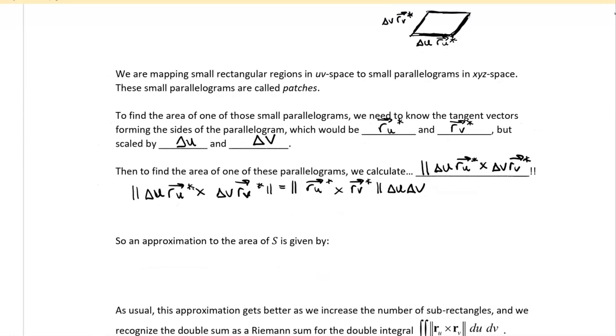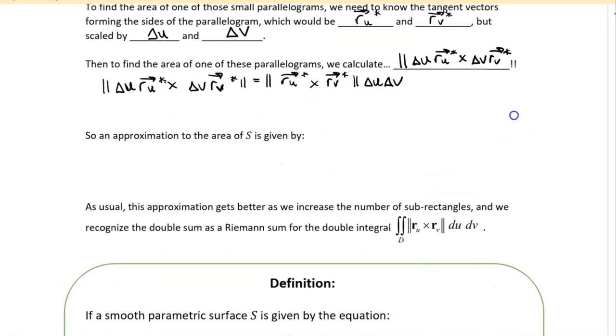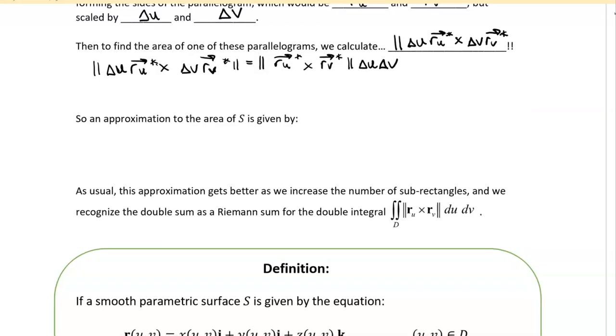And as with all of these things that we've been doing where we are determining where these formulas come from, we start sending some of these things to be infinitely small.